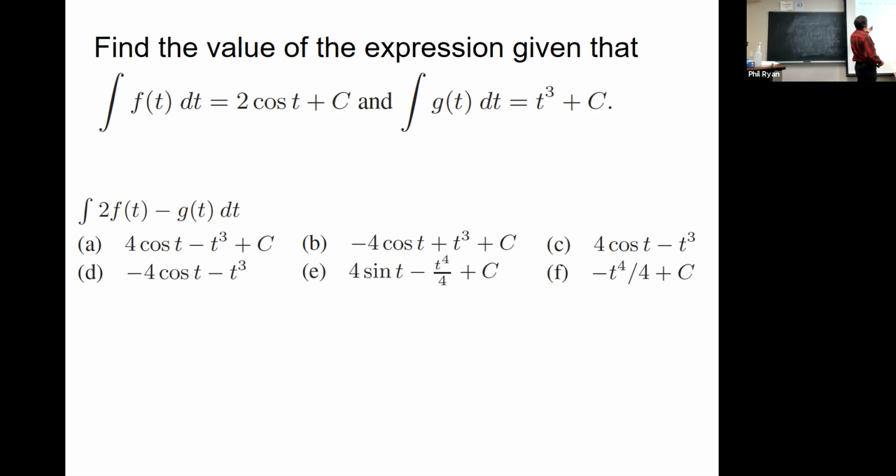Right, because the antiderivative of 2 times f minus g is 2 times the antiderivative of f minus the antiderivative of g. Here's the antiderivative of f, here's the antiderivative of g. So we do 2 times this minus that. Quite definitely we get that. Okay. So again, this would be 100% correct, and this would be 50% correct. Everything else would be totally wrong.